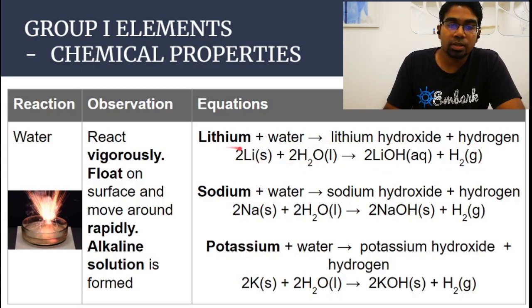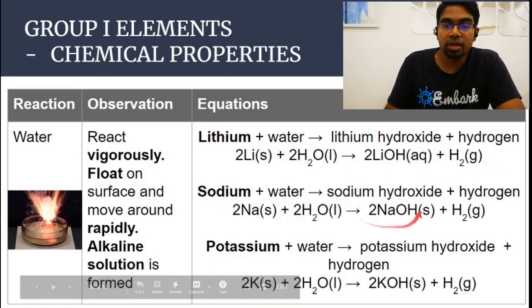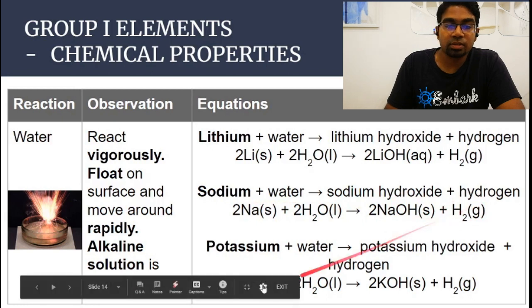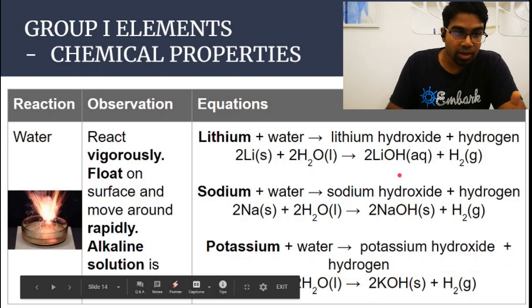Group 1 metals, the alkali metals: lithium with water, we have lithium hydroxide and hydrogen gas. Sodium and water, sodium hydroxide and hydrogen gas. Potassium and water, potassium hydroxide and hydrogen gas. I just want to compare again.